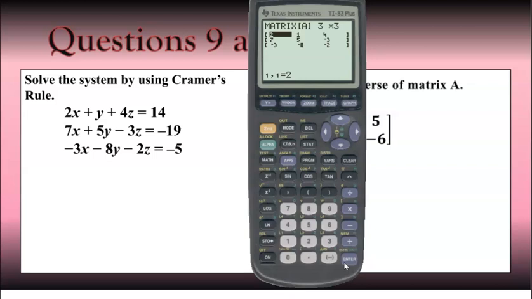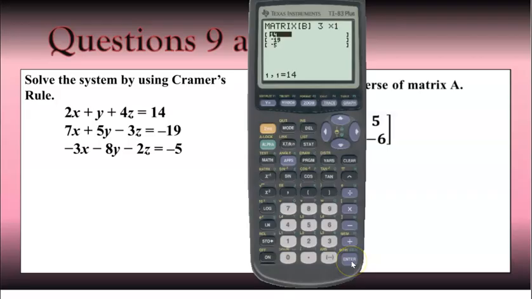And you'll notice that I already have all the numbers written in here, so these are all the coefficients of this matrix. So then I have to do the other matrix, which is going to be our solutions matrix. So I'm going to hit second inverse. We're going to edit, and we're going to go to edit matrix B here.